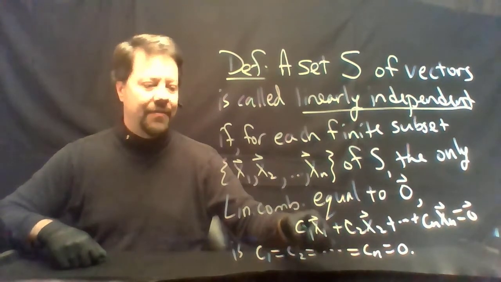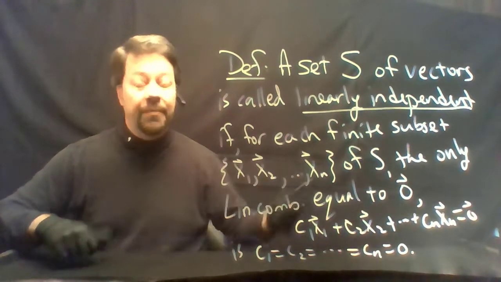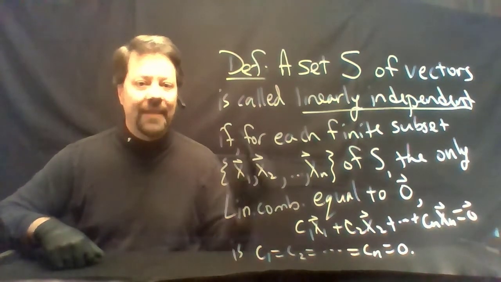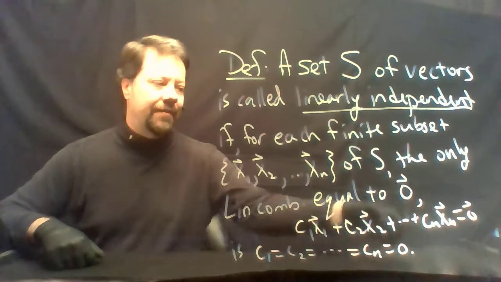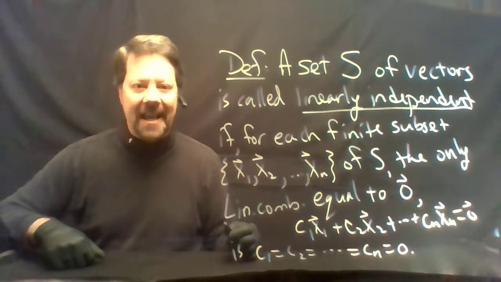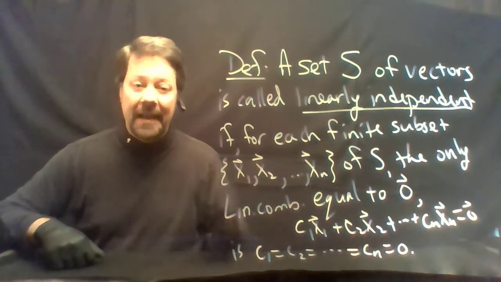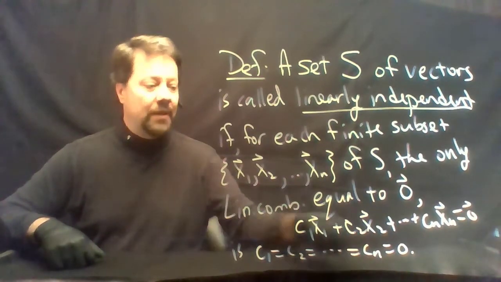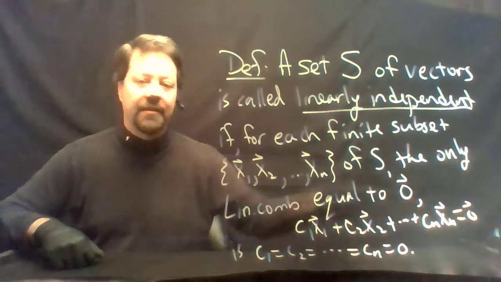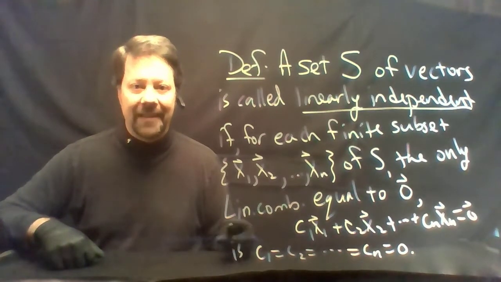It's obvious that if you select all of the coefficients to be 0, you will get the zero vector. At issue is whether or not there exist non-zero coefficients where the vectors add up to the zero vector. As we've seen, if vectors are parallel, there will be a non-trivial linear combination where they add up to the zero vector.